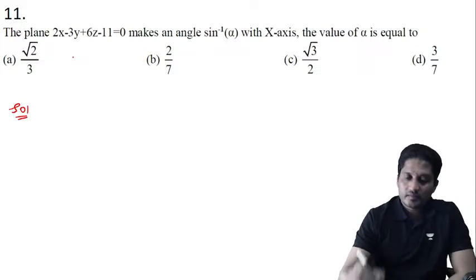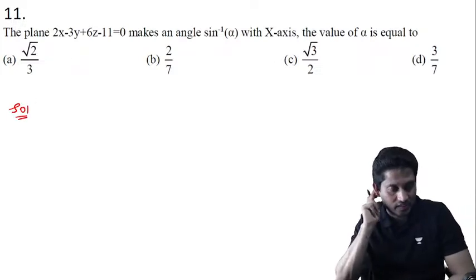Question number 11. The plane makes an angle sine inverse of alpha with x-axis. What should be alpha?